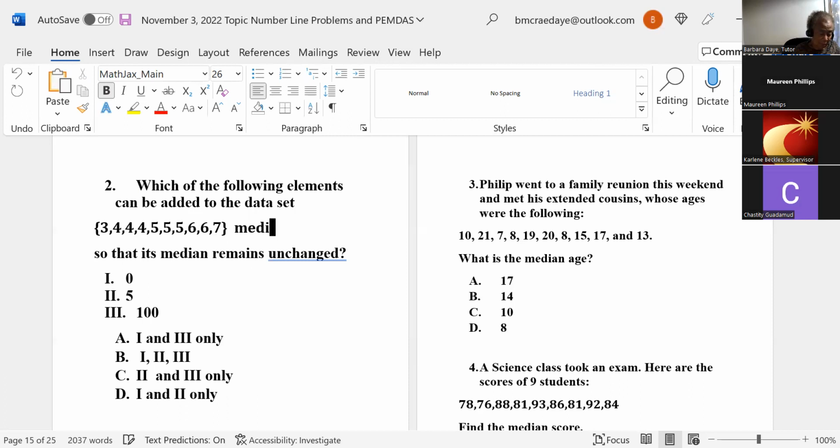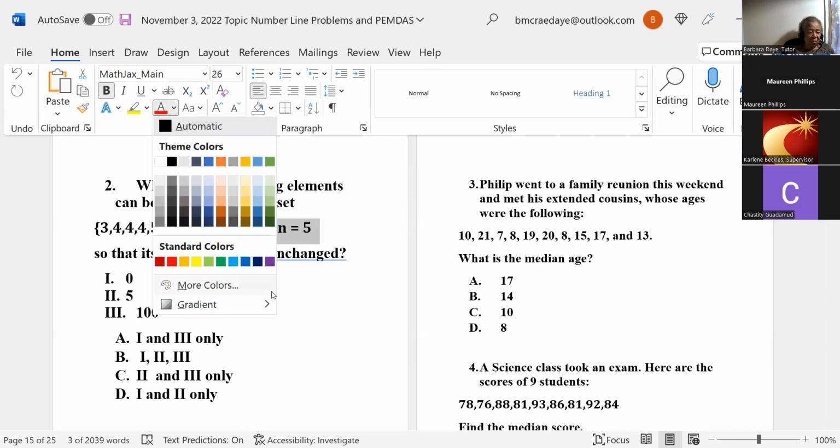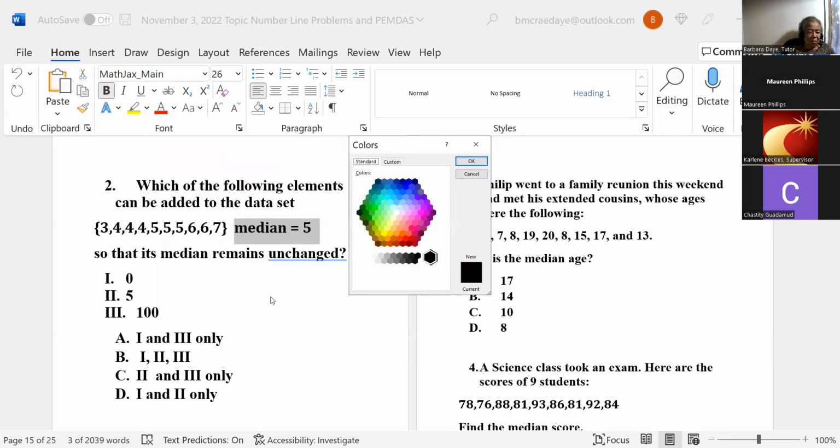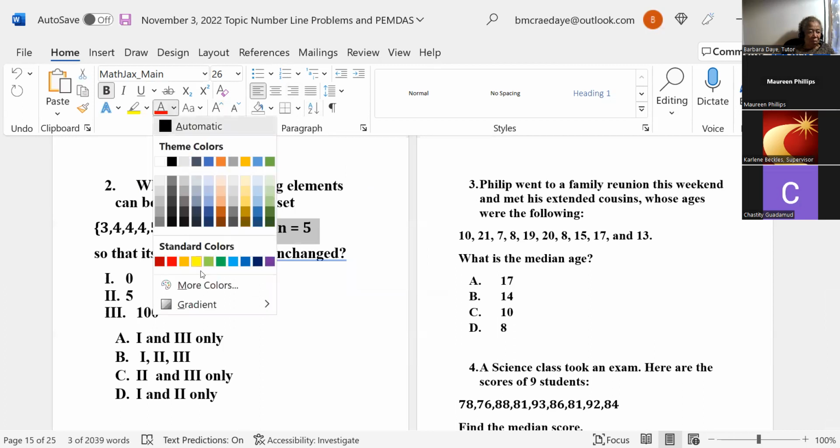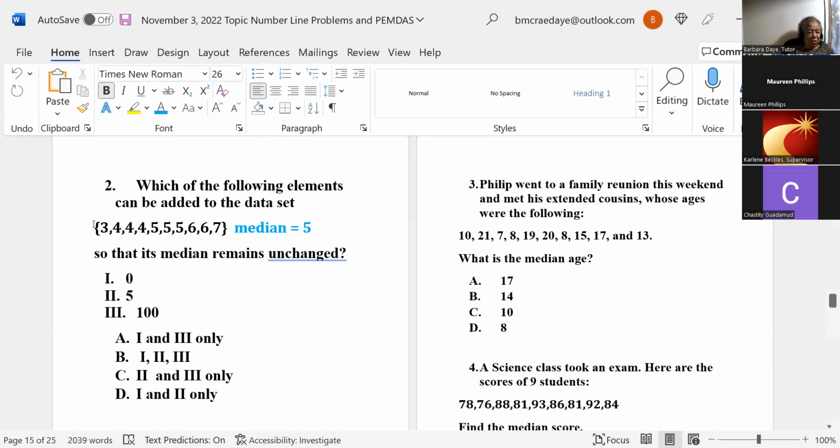Median equals 5. Now, which one of these can be added to this data set and it remains 5? In other words, this is the data set right here, with braces enclosing the data set.